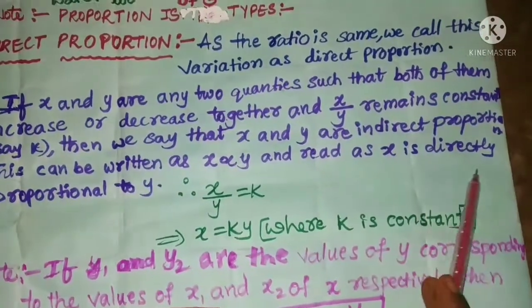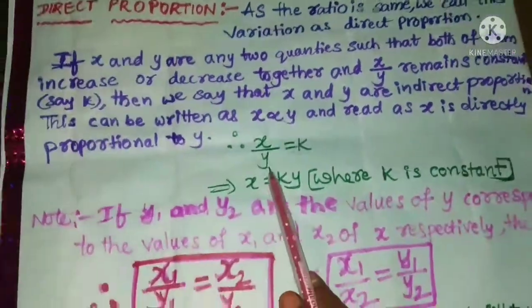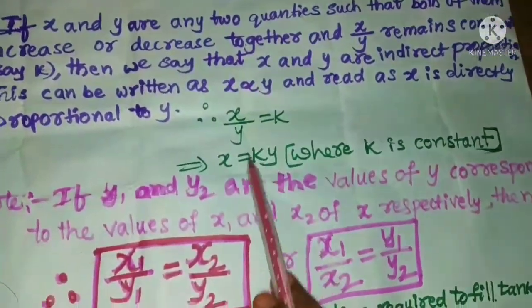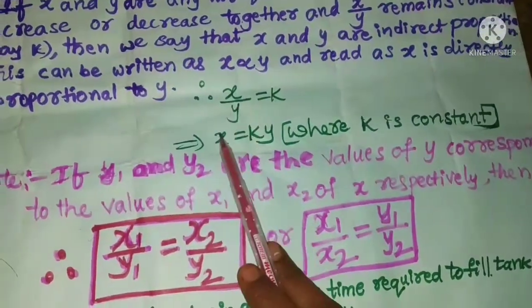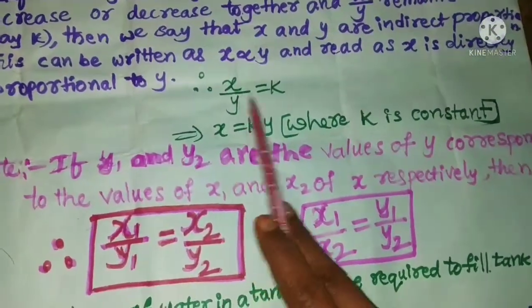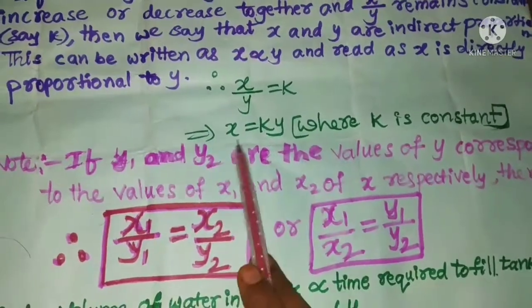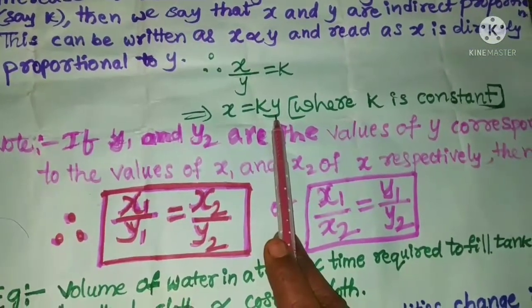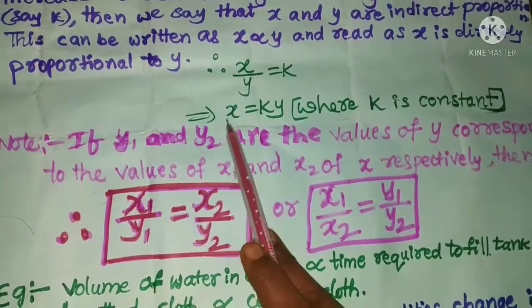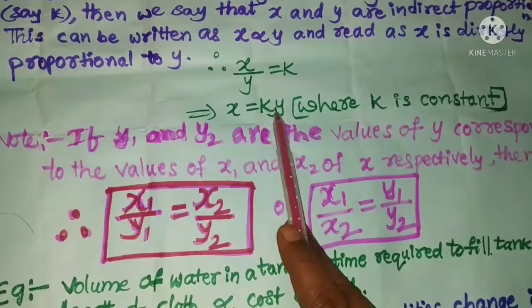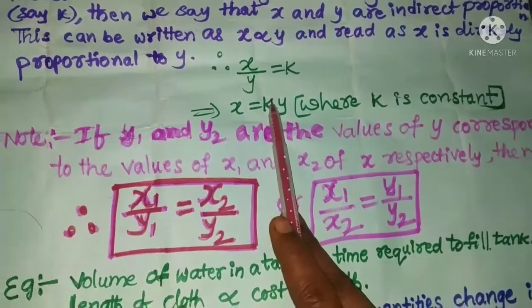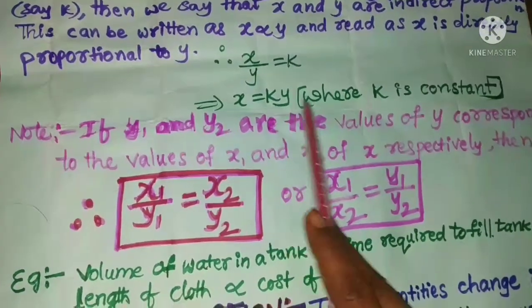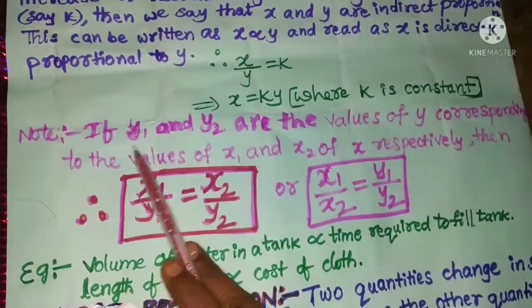When x is directly proportional to y, their ratio will be a constant value. That implies x is equal to a constant value k multiplied by y, where k is a constant.